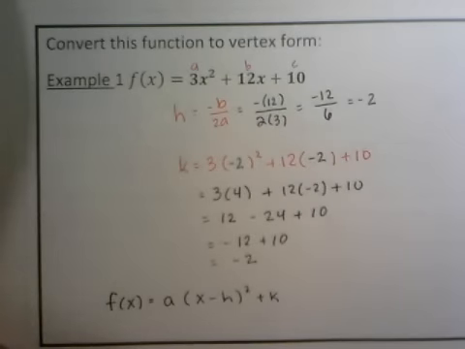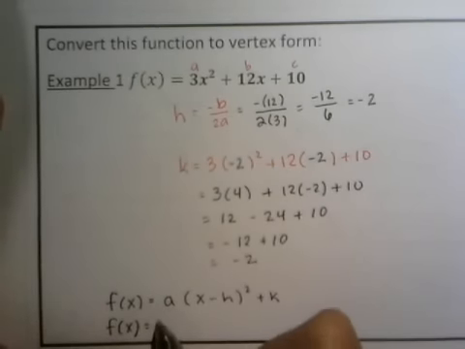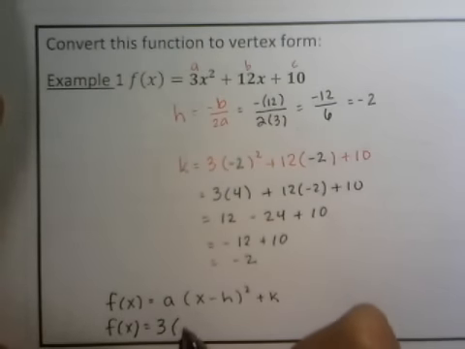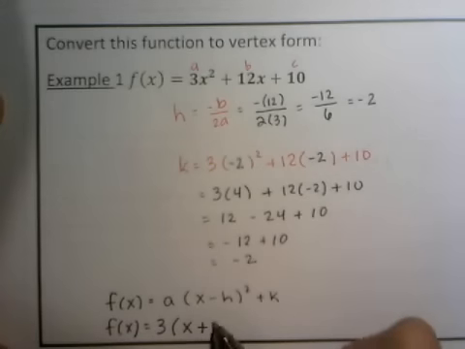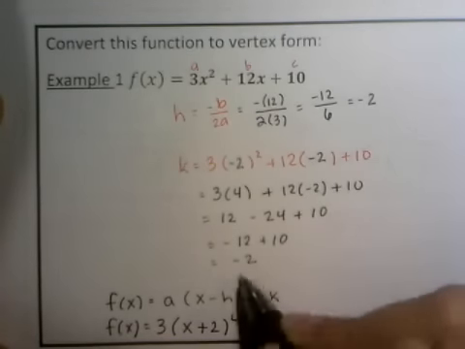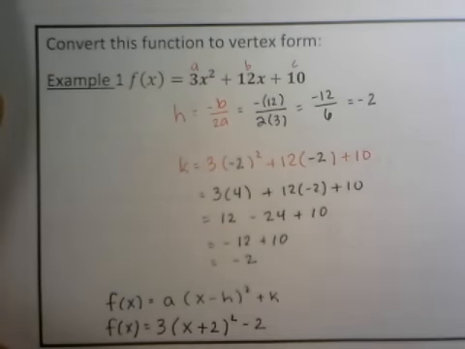So my final answer, this function in vertex form, is f of x equals 3 times x, and remember that minus h flips that sign, so it's actually going to be x plus 2 squared, and then minus 2 for that k value. Take a moment to make sure that you have this example to refer to, and then we'll do some practice problems.